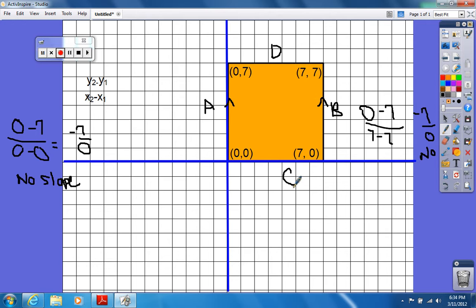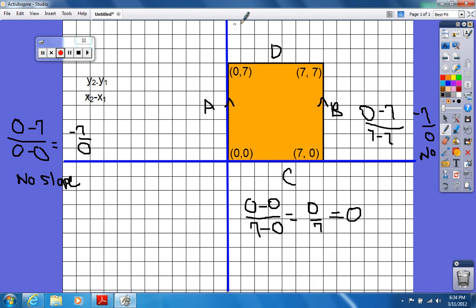Okay, so now we're going to look at line C and line D. For line C, we're going to do 0 minus 0 divided by 7 minus 0, and that gives us 0 over 7. And 0 divided by any number is just 0, so this is 0 slope.